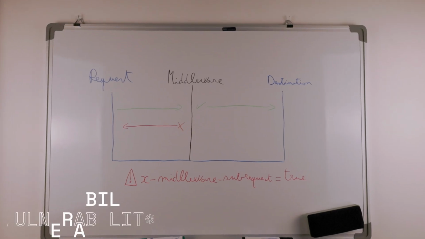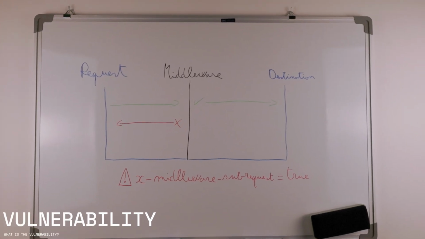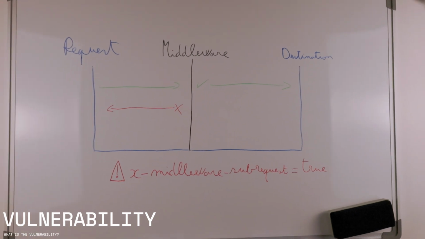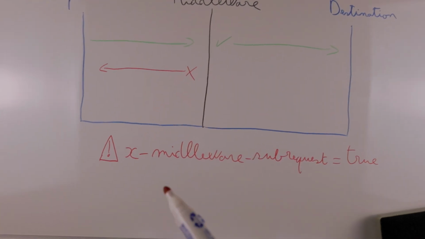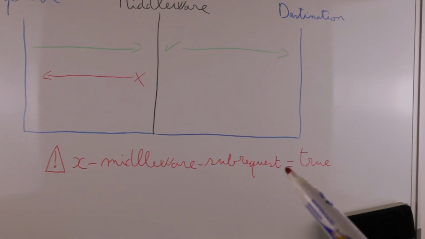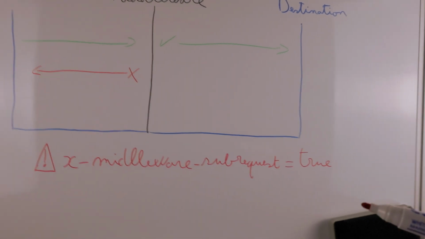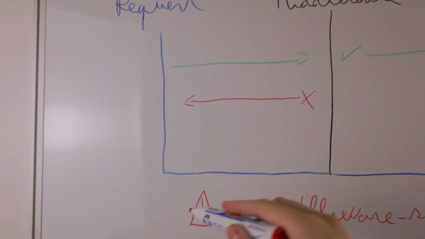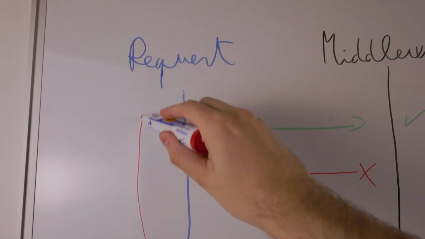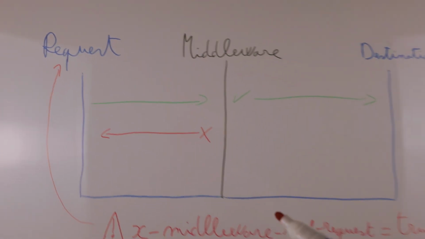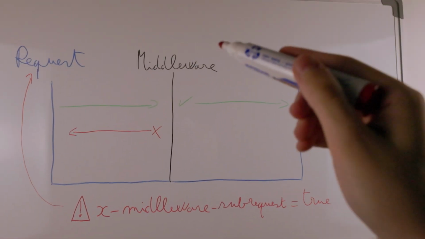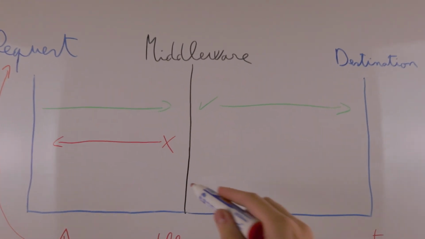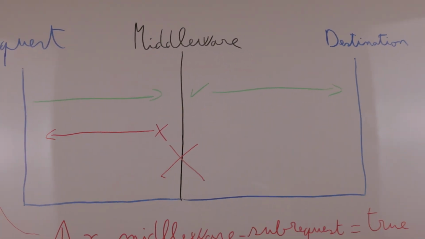So let me explain what's happening over here and what this vulnerability is, okay? You have something in Next.js called X middleware subrequest, and you can set it to true or to false. And if you add this as a header to your request, this middleware in the middle is gonna be bypassed or denied, okay?